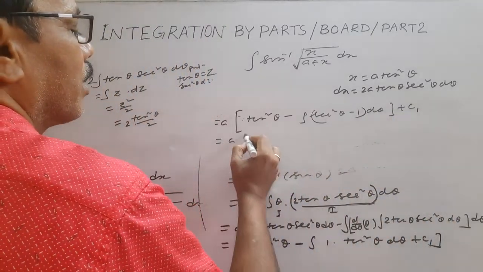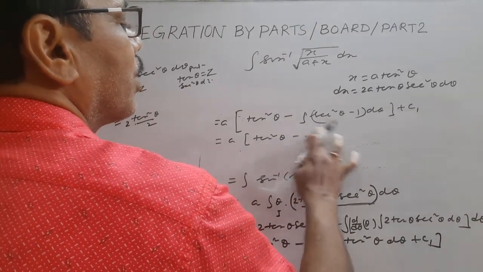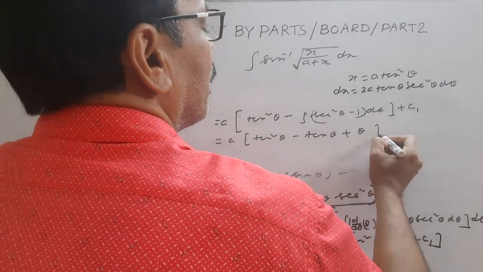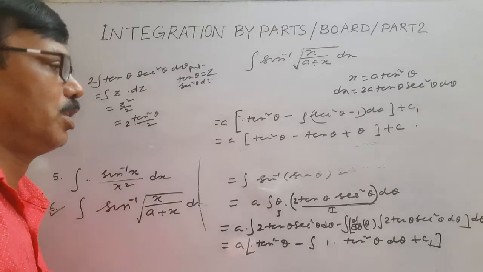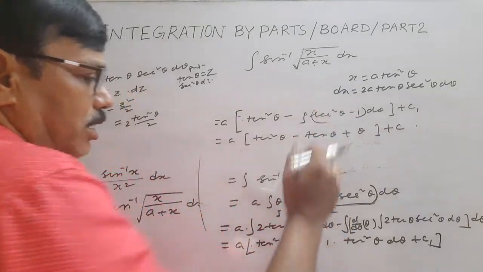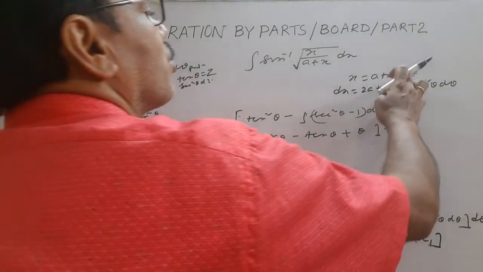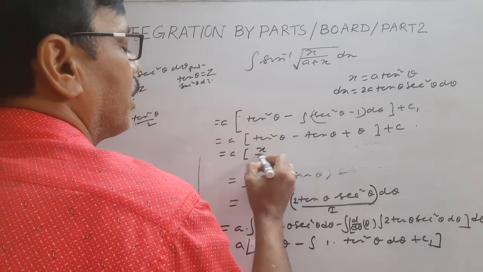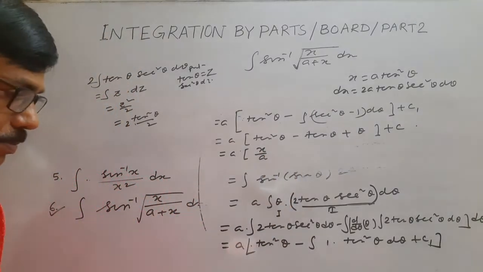So A times tan theta minus theta plus c. Now put sec square theta integration is tan theta. Now put what is tan square theta? Tan square theta is x by a.